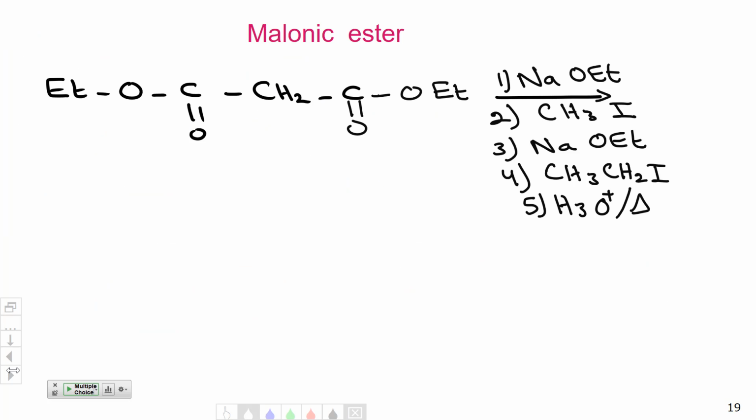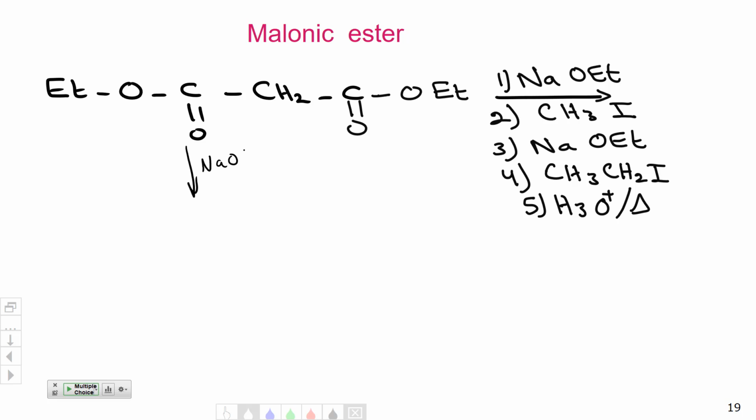Let's do some reactions. So in here, we're starting with the malonic ester, and these are the steps we're doing. The question is, what is the end material? So stop the video and do it yourself. In here, there are more than the 3 typical steps, so let's take it one by one and see what's going to happen.